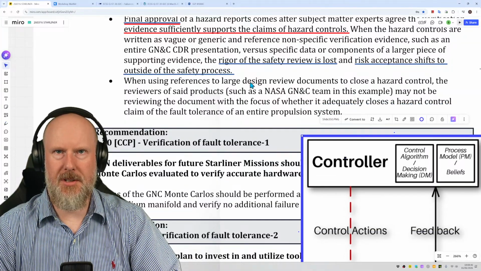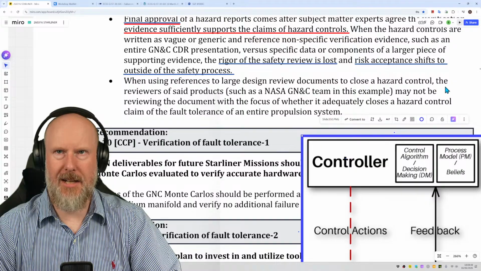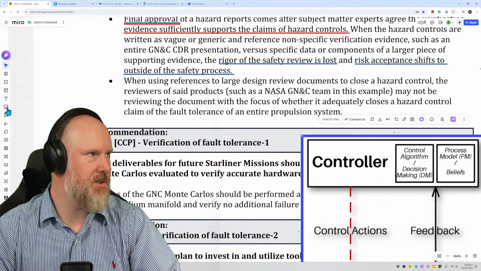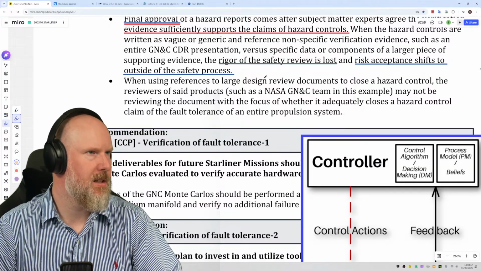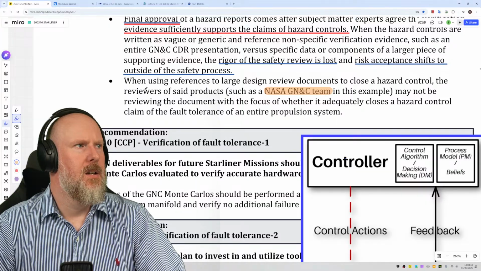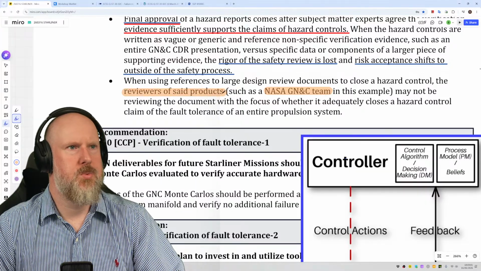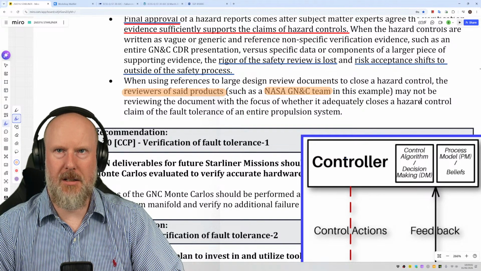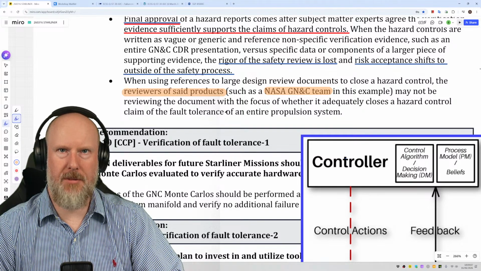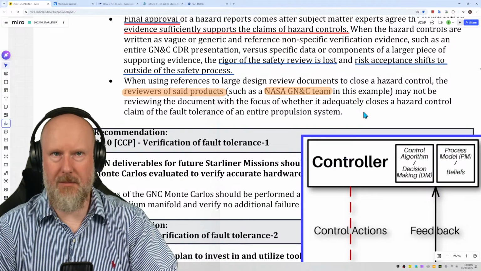When using references to large design review documents to close a hazard control, the reviewers of said products, such as NASA GNC team, GN and S team in this example, may not be reviewing the document with the focus of whether it adequately closes a hazard control claim of the fault tolerance of an entire propulsion system. Absolutely.